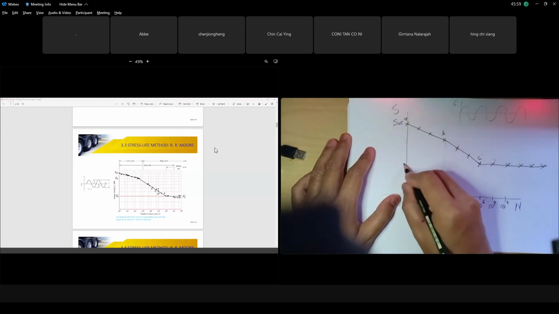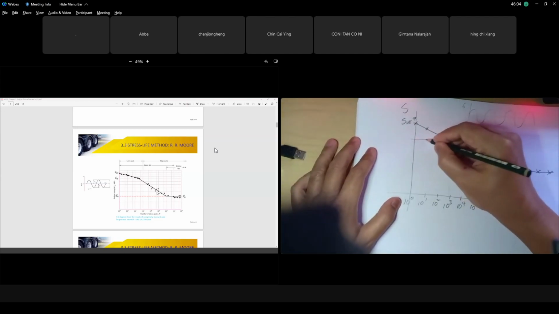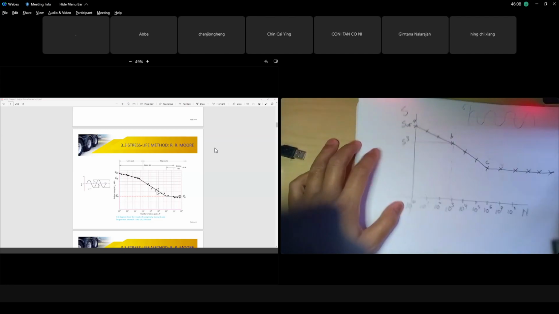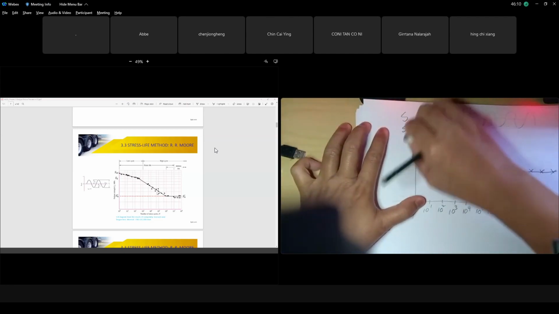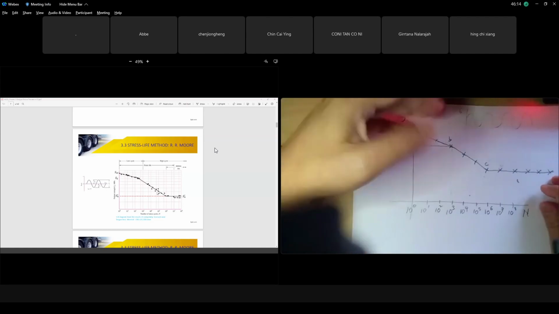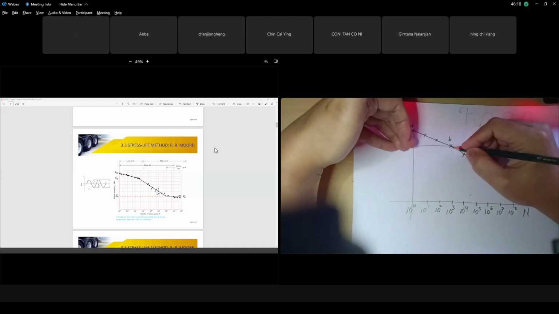At 10 to the power of 3, this is your S3 value, meaning your strength at 1000 cycles. Okay, when they put a weight a little bit lower than the ultimate tensile stress, at 1000 cycles it will break.